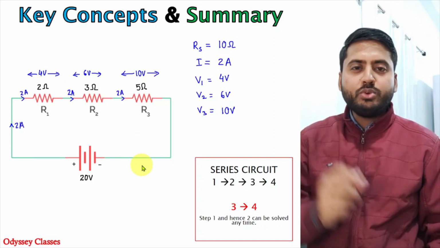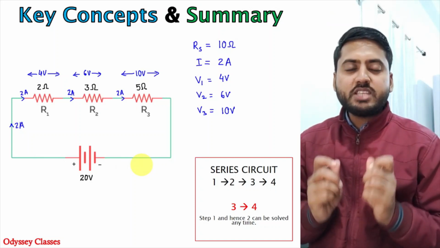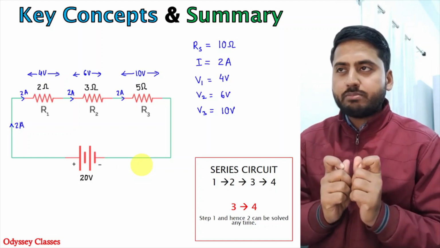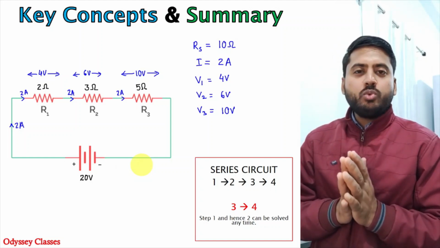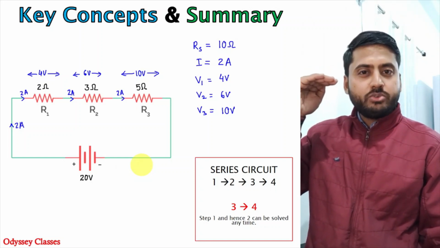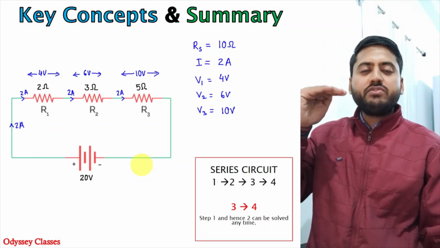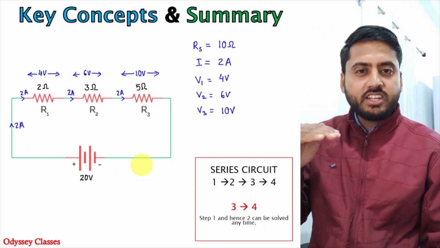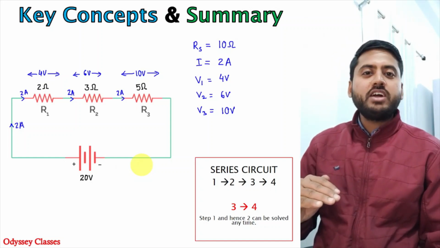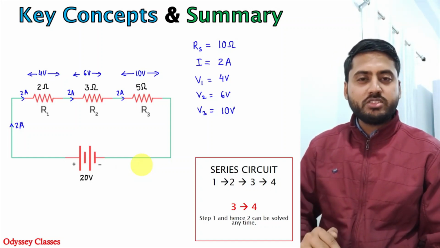I hope you all have understood the key concepts of the series circuit. So let us have a quick recap. In series circuit, we start with step 1, that is to find the total resistance of the circuit. Then we find the total current of the circuit. Then we find current in each resistor, and then we find the voltage across each resistor.